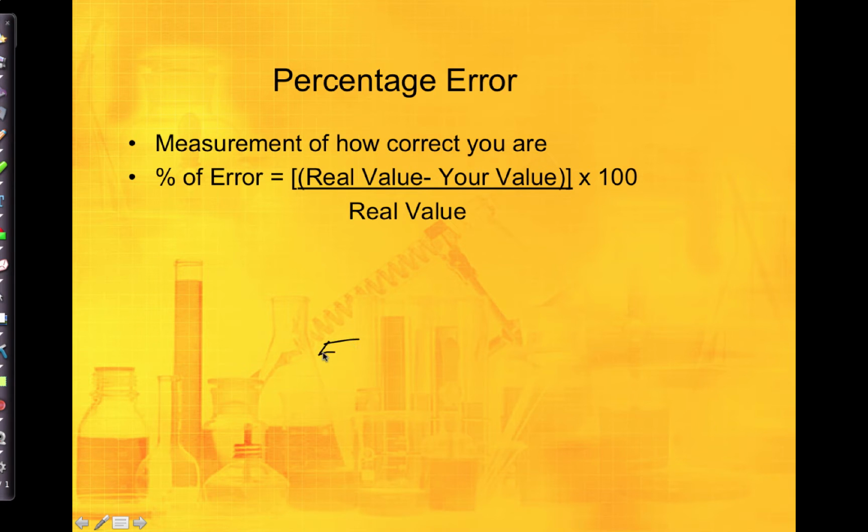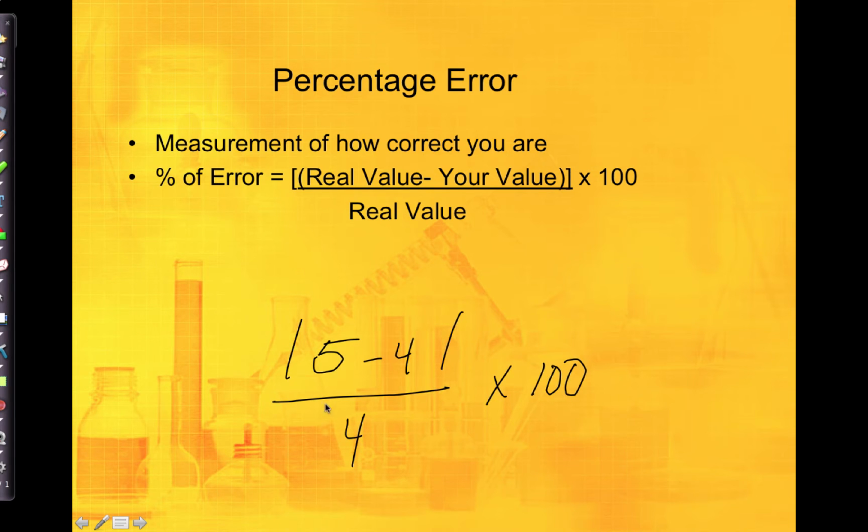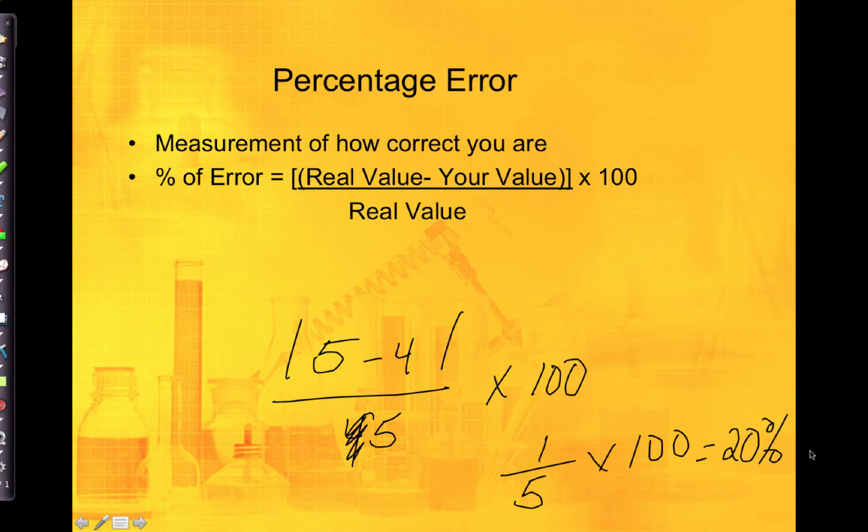So just plug it into the formula. 5 minus 4 should be 1, out of 5, times 100 should be about 20%. So you have 20% error. So you definitely did something wrong. Maybe you need to look at your method. Maybe you need to look at what you did. But there is definitely some error in that measurement.